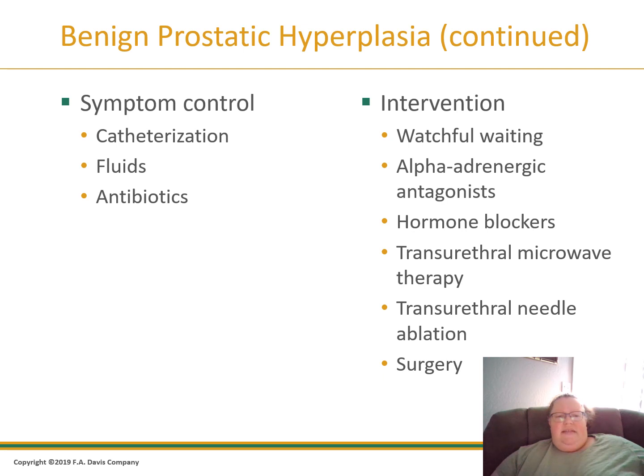Also, fluids and antibiotics. Interventions: we want to keep a watchful, waiting eye because at any time it could constrict the ureter and then cause the bladder to become distended and unable to urinate. So we have to be on our toes about that.